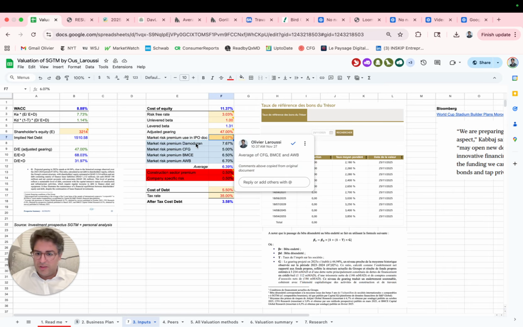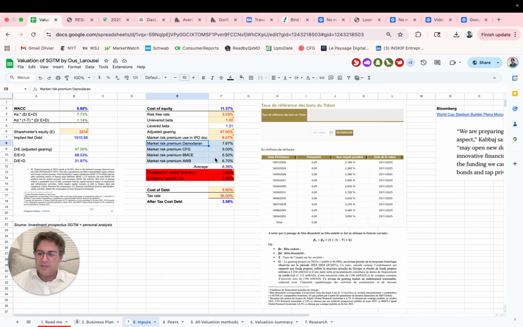Then you also look at the market risk premium used in the IPO document, which was 6.07%. This one is also interesting. I do feel that 6% is somehow low, but whatever. So I just decided to go with whatever I have available.